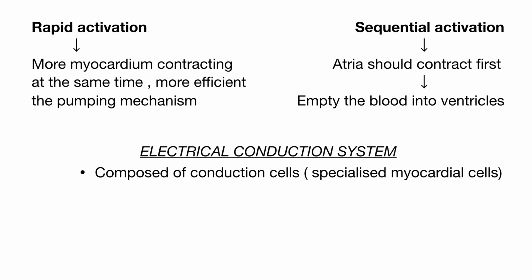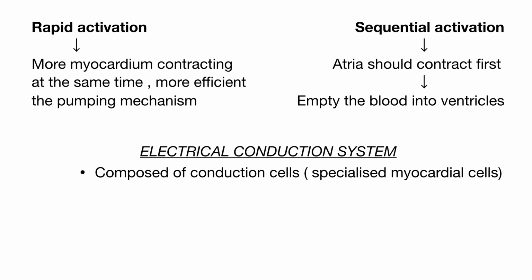Sequential activation means first the atria should contract, which fills the relaxed ventricles with good amount of blood. Suppose, what if both atria and ventricles are contracting at the same time? It's just like a fight between the two. There is no use.